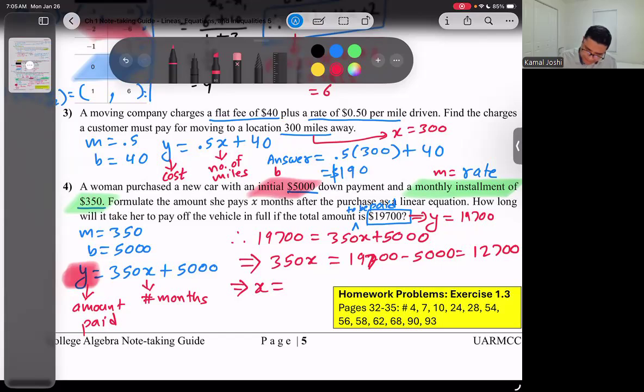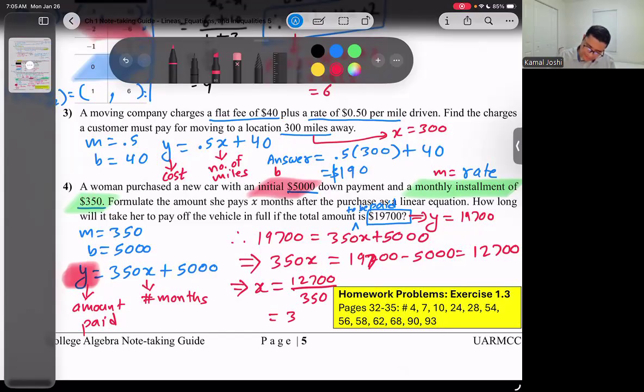So when you divide now, X will be 12,700. I have to subtract 5,000 there. The down payment was 5,000, not 500. A 500 down payment would be cool, right? But your interest would be higher if you do that. Now you can divide more easily.